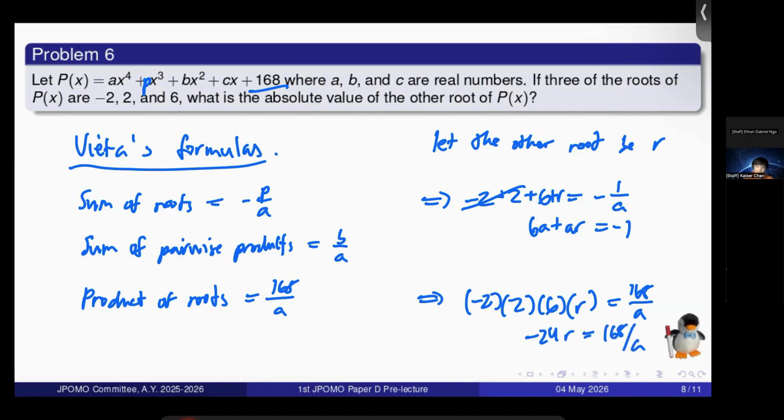We can use this to get the value of ar, and so ar equals -7. We can substitute it here: 6a minus 7 equals -1. Solving for a, I won't show the steps anymore, we get that a equals 1.